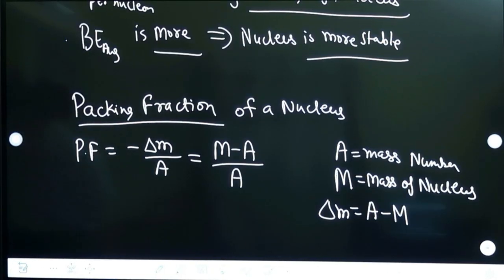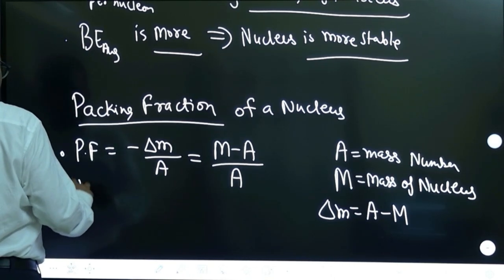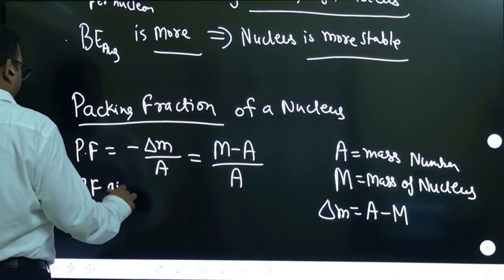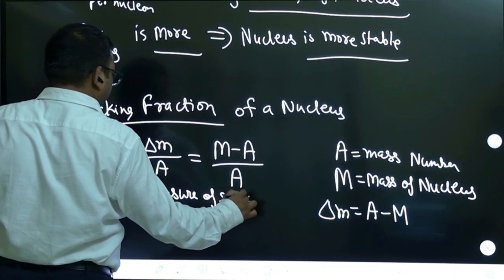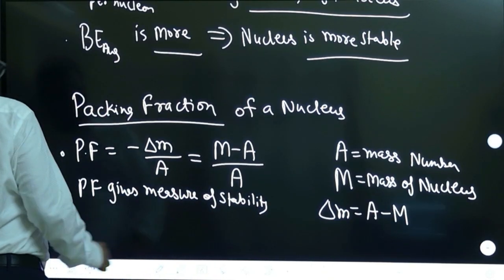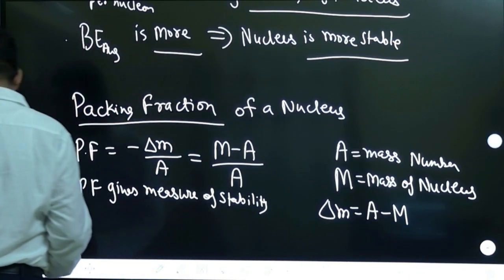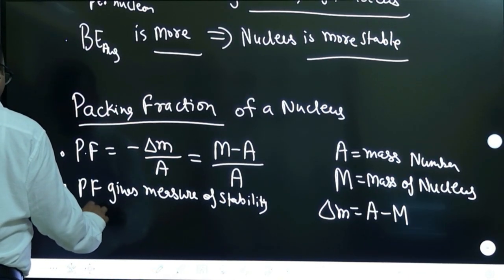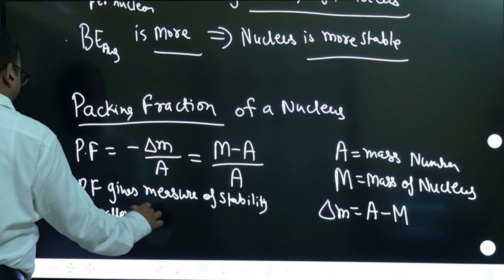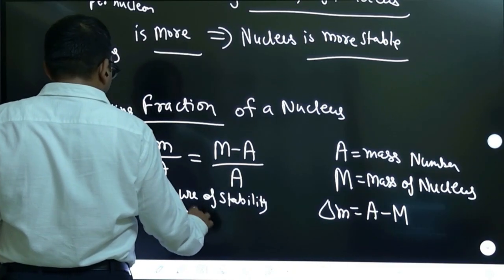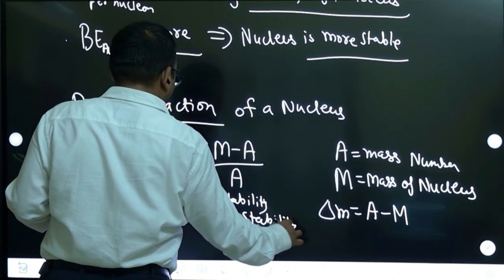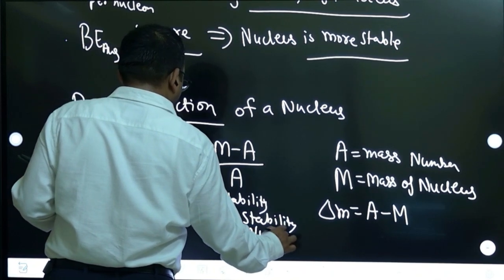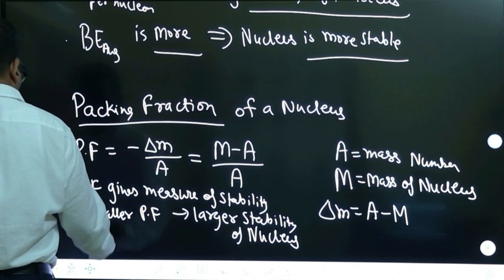Okay. So packing fraction also gives a measure of stability. The smaller the packing fraction, the larger the stability of the nucleus.